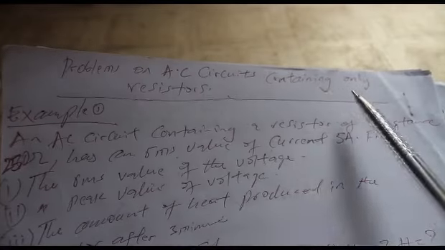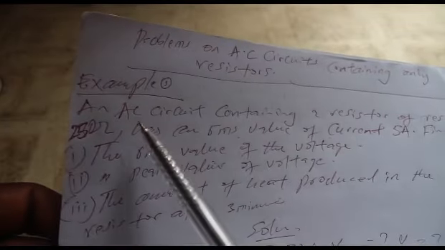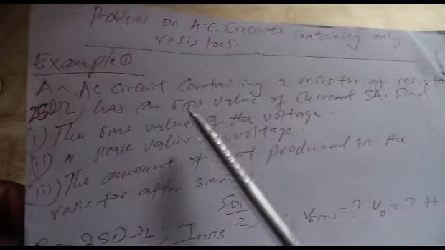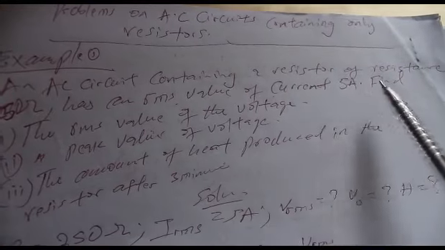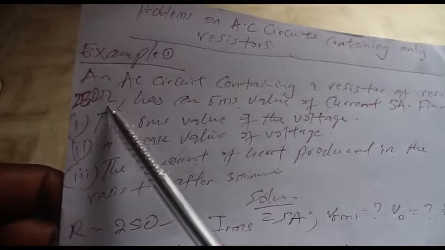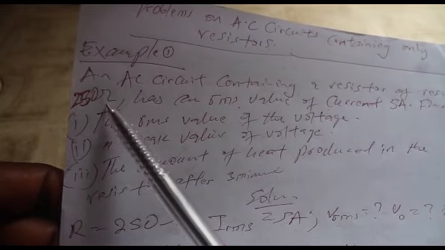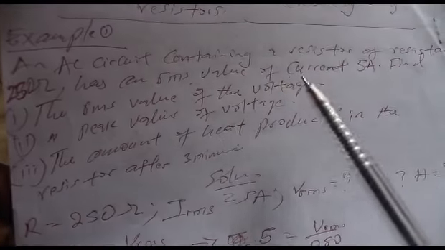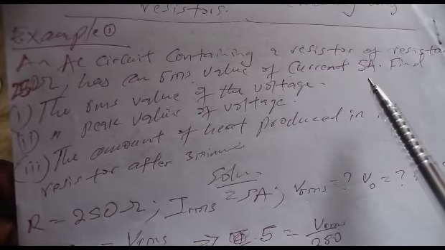But first of all, before we go on, I would like to recap what we've done. So here we said, problems on AC circuits containing only resistors. Here we have an example: an AC circuit containing a resistor of resistance 250 ohms has an RMS value of current 5 ampere.